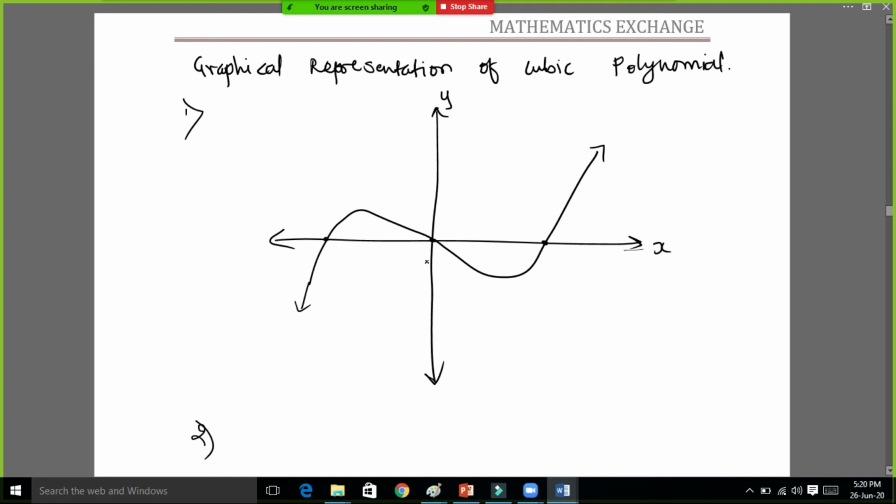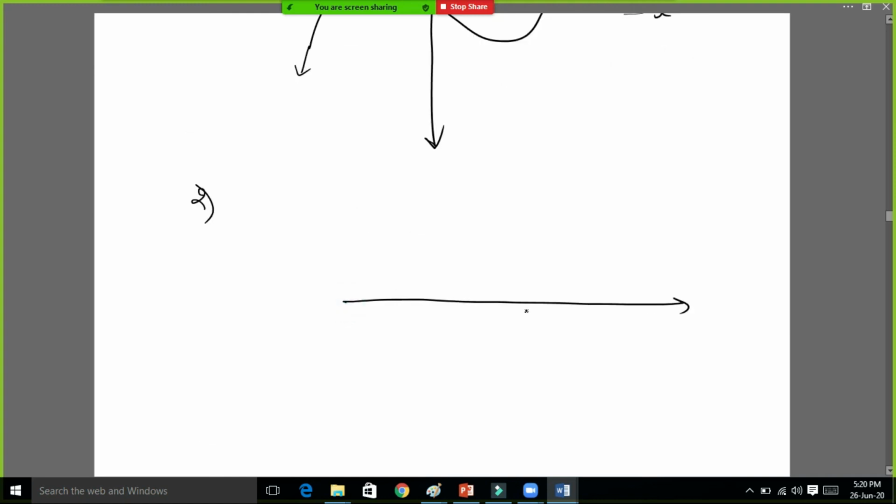Now in a cubic polynomial, it is also possible that the graph is just like this.